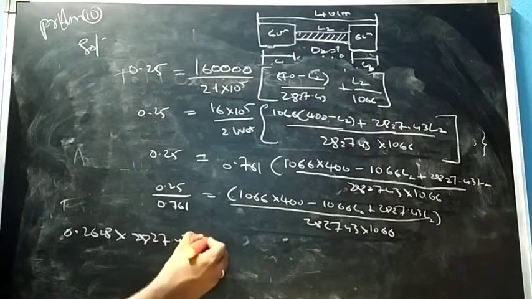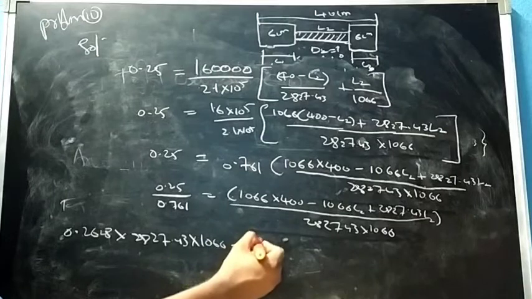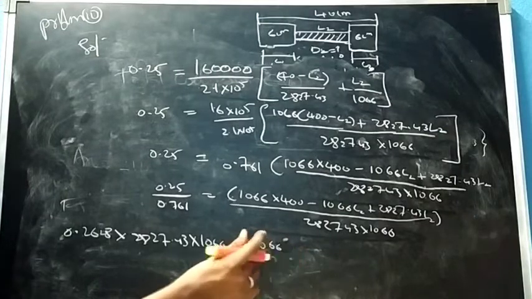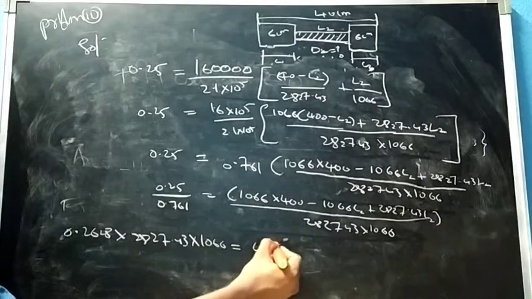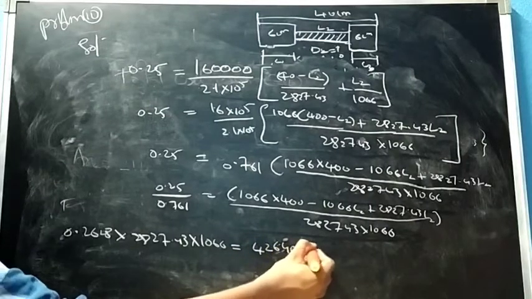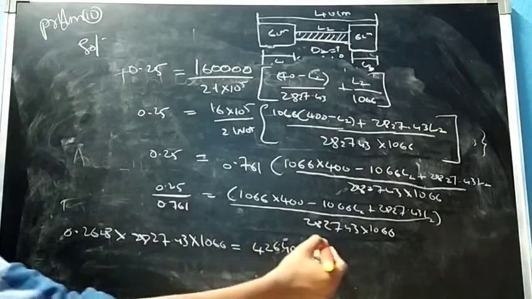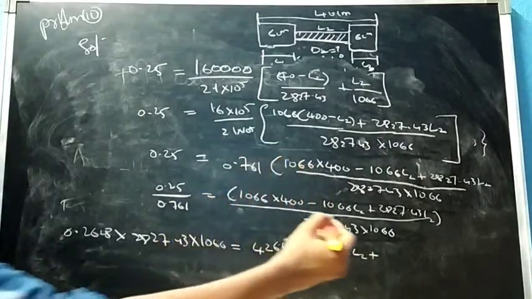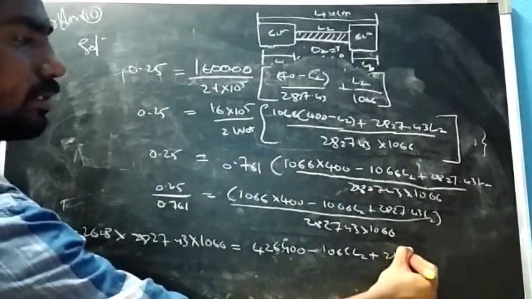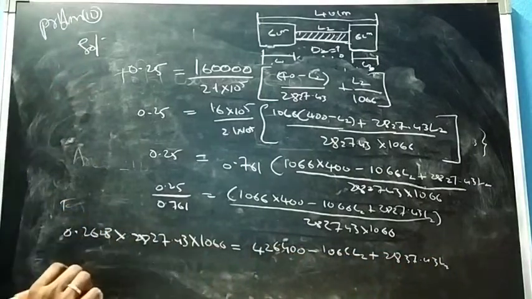so on the left hand side it will be 2827.43 into 1066, that is equals to here, how much is this? It will be 426400 minus 1066 L2 plus 2827.43 L2, right?